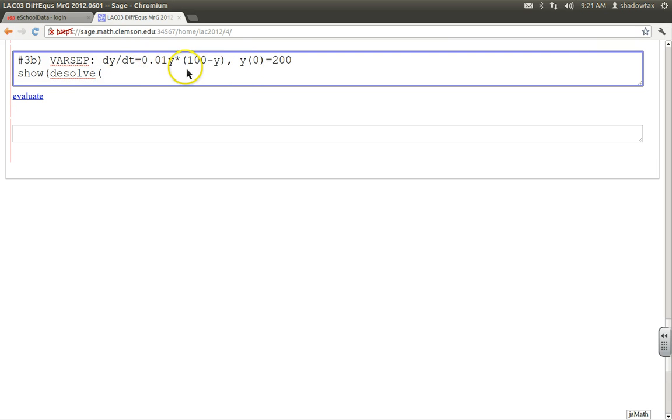Remember, DE solve wants this side set equal to 0, so we're going to subtract, right? So I got to write this first. How do you write the derivative? Yeah, how do you write it in Sage, remember? No. Diff, right. Diff of what? Y. Well, I'm not there yet.